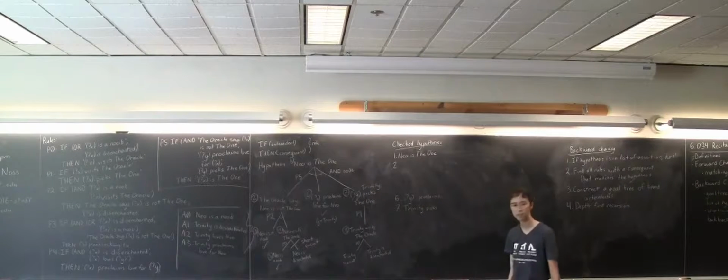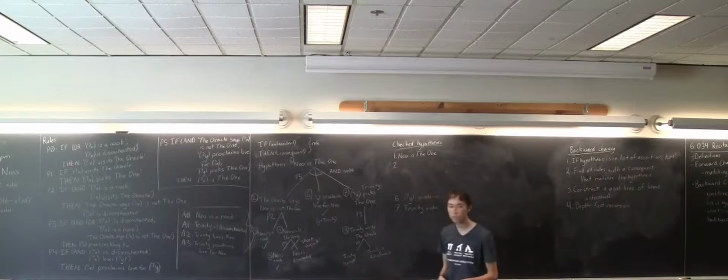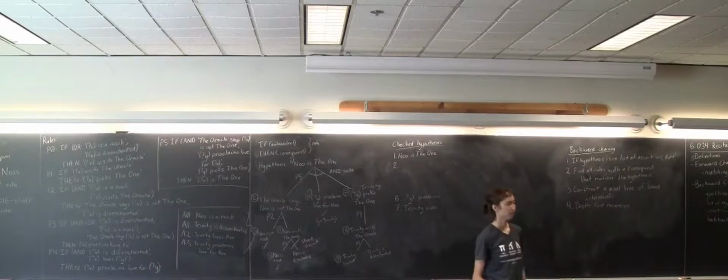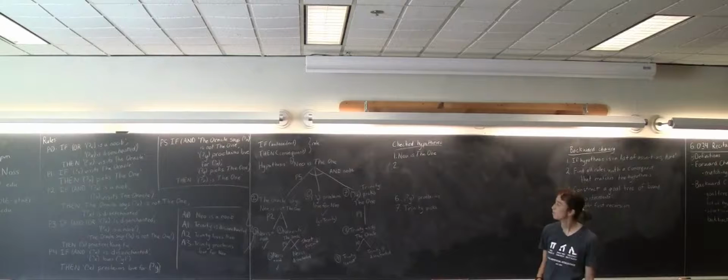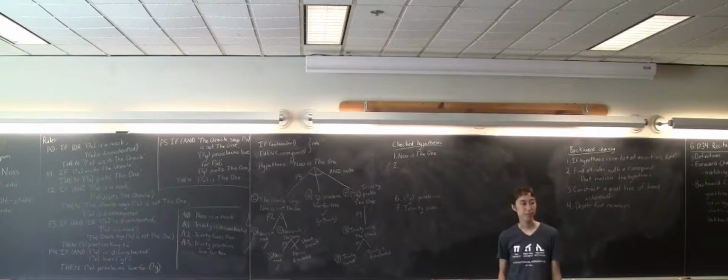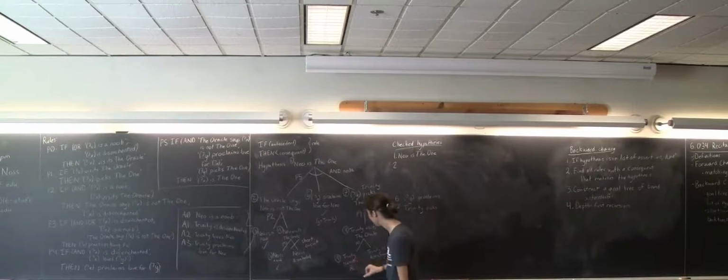What do we look at next? Trinity is a noob. Is that in our list of assertions? No. Do we have a rule that could produce it? No.